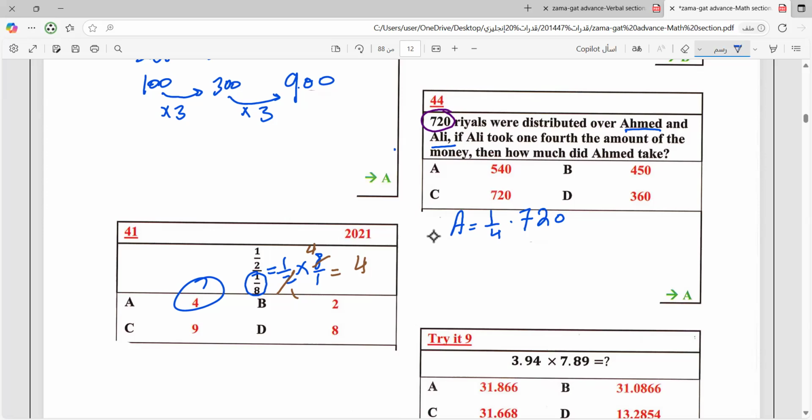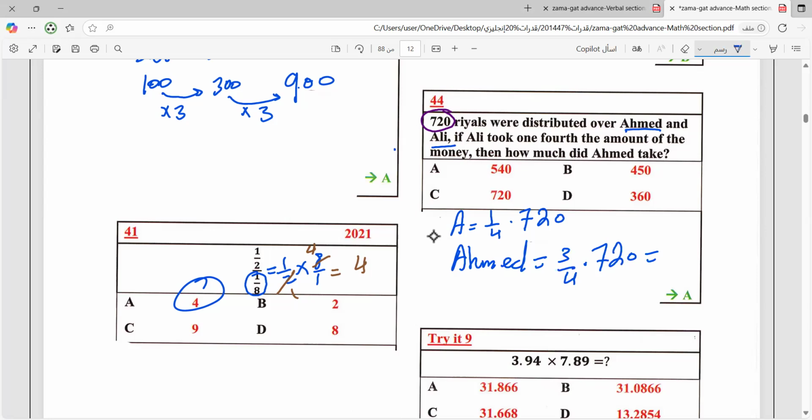But maybe there is no need, because it does not ask about Ali. It asks how much Ahmed took. So Ahmed will take the left fraction, the remainder, which is 3 over 4. Yes, 3 over 4, correct. You multiply by 720.